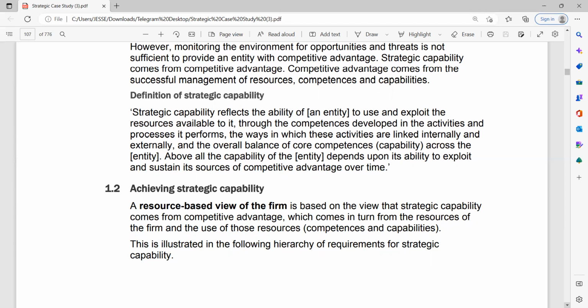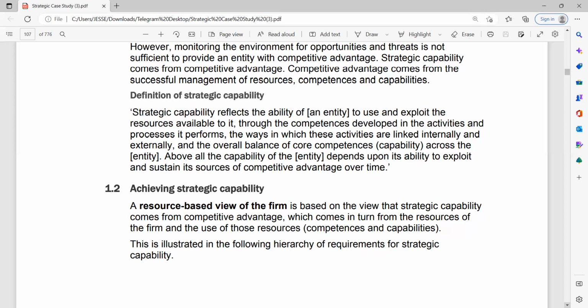So this is a very long definition, but what you need to know here is that strategic capability is basically the ability of the entity to use and exploit resources. An organization would have resources, but the company must learn to use it and exploit it in such a way that it benefits the organization.